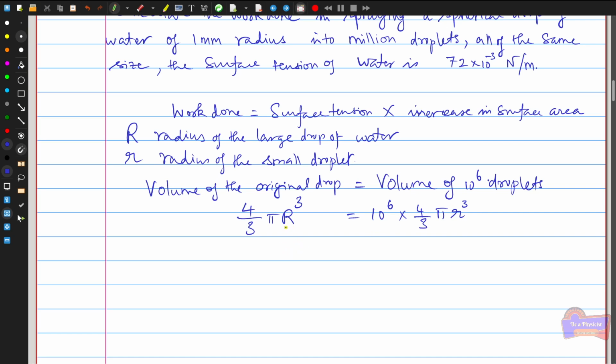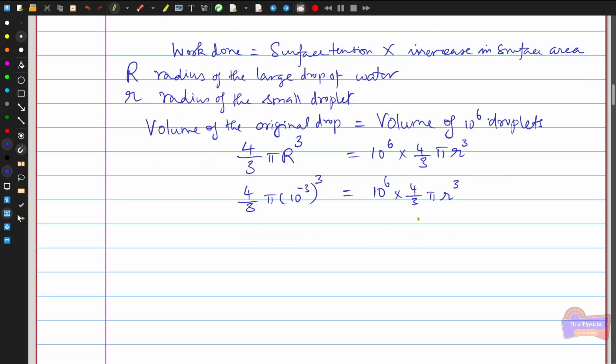The radius of the large water drop is given as 1 millimeter, so I can substitute the value: 4 by 3 pi times (10 to the power minus 3) cubed equals 10 power 6 into 4 by 3 pi into r cube.